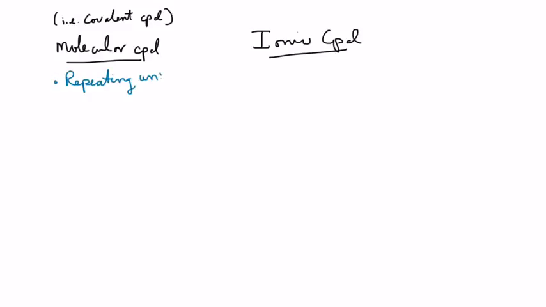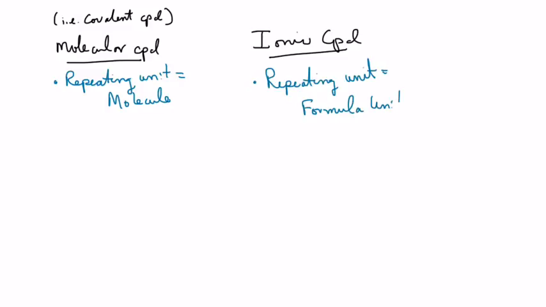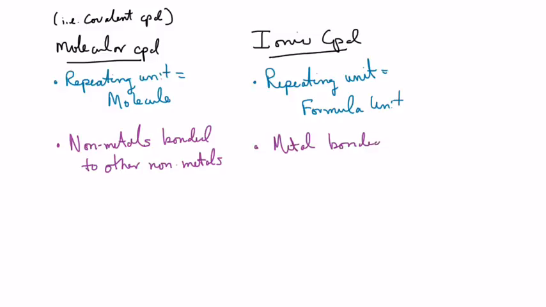I'm just summarizing what I said on the previous slide, but I like it in this column format. For molecular compounds, the repeating unit is a molecule. For ionic compounds, the repeating unit is a formula unit. I think the word molecule is overused. To restate: if in the formula it's all nonmetals, then you must have a molecular compound.